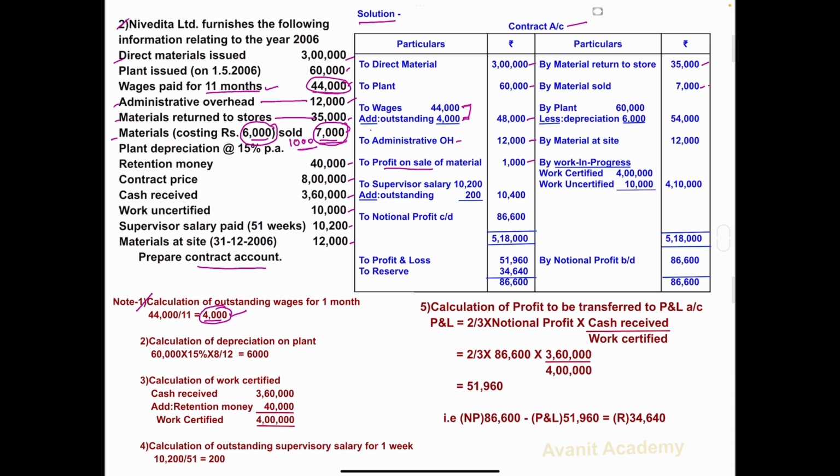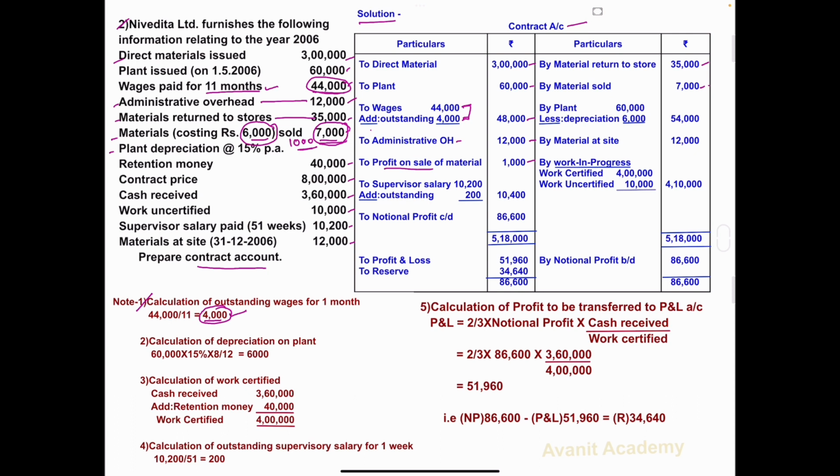Amount is 1,000. You have to write the difference amount, 7,000 minus 6,000, 1,000. Clear?